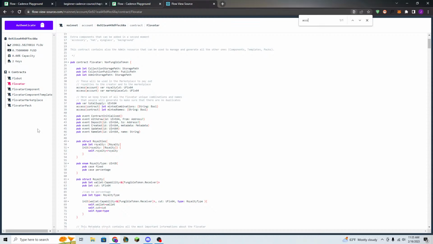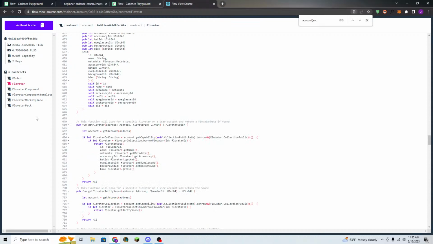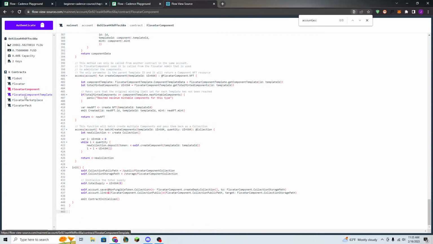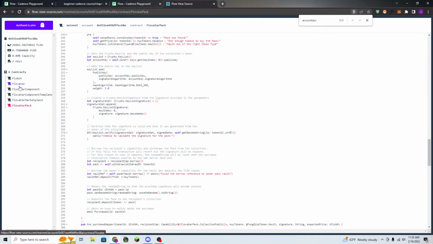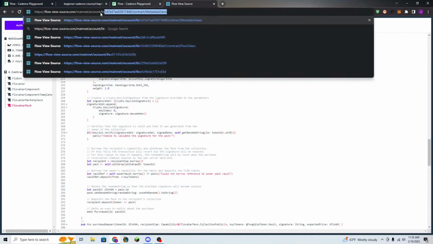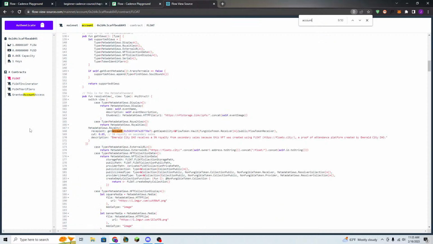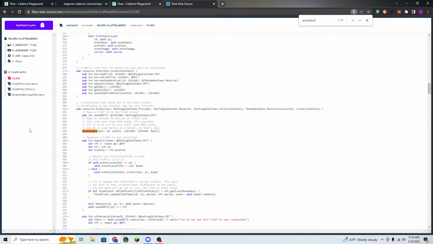And let's actually try and see if we can search for an access account. I don't see one in here. I don't think there's any examples, but actually, let's try Float. I think there might be some in Float. Oh, I do, okay.